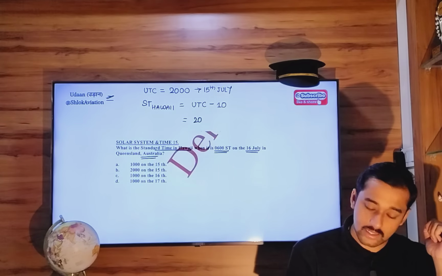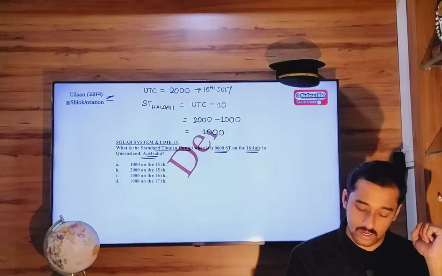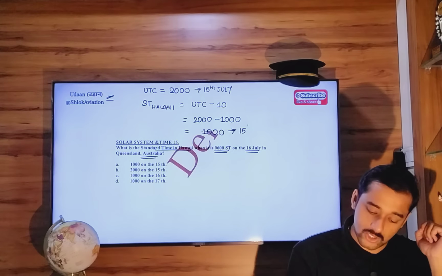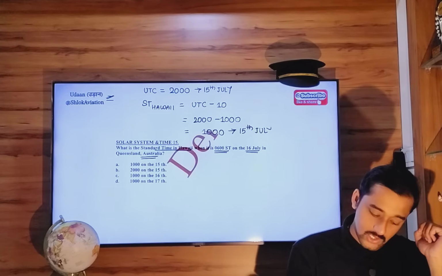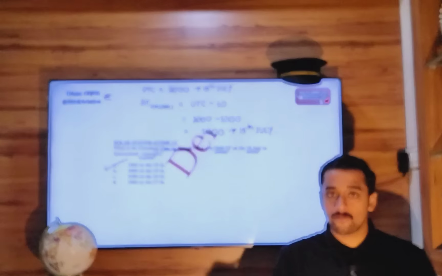So 20 hours minus 10 hours is equal to 10 hours. And the day will be the same, that is 15th of July. So the correct answer will be option Alpha. 10 hours on 15th July.